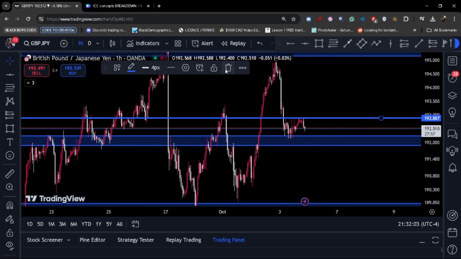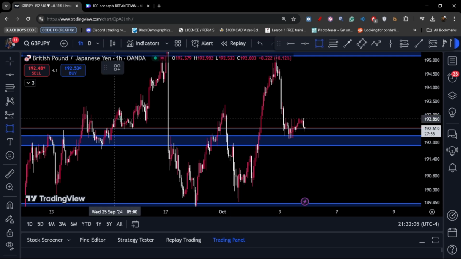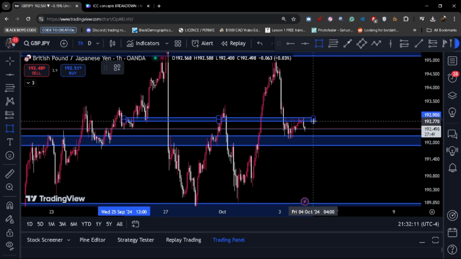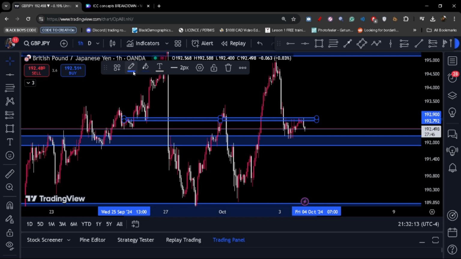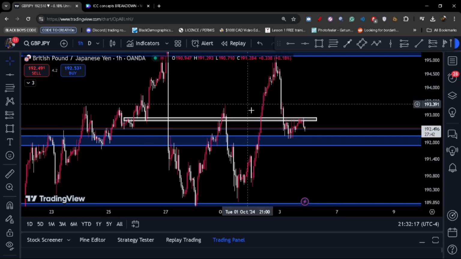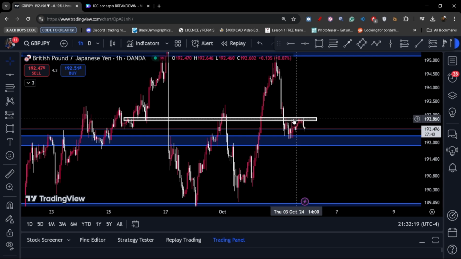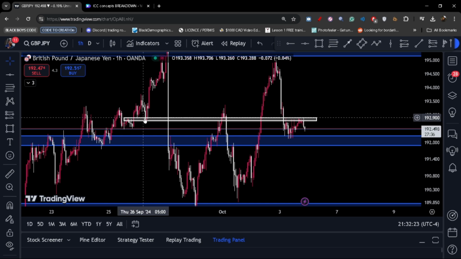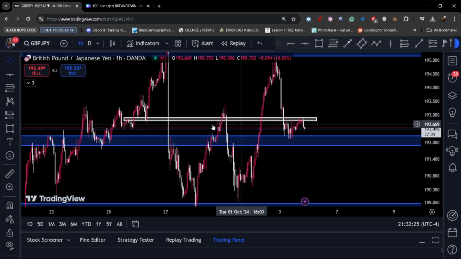So if I was to draw a line real quick here, like this, right? Boom. You can see that above this level, above this white line, price was buying, right? So if you notice this small buy here, this small buy here, boom, and then below it, price was selling.